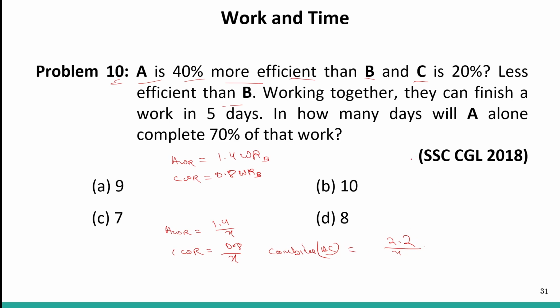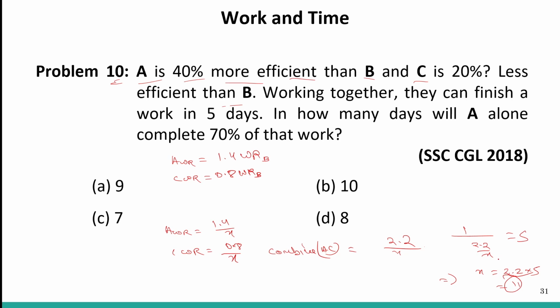Working together, they can finish the work in 5 days. So if I divide 1 by 2.2 by x, this is equal to 5. So this implies x is equal to 2.2 into 5, which is 11, right? So this is what we have.